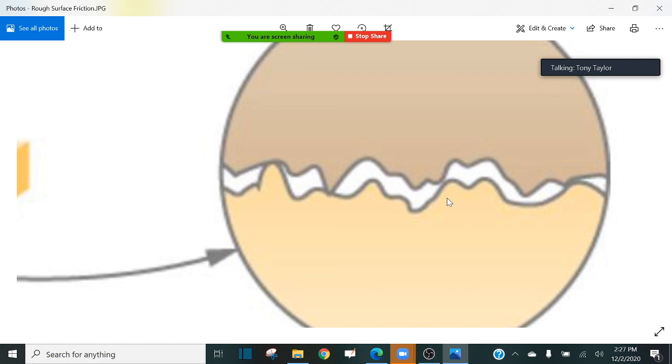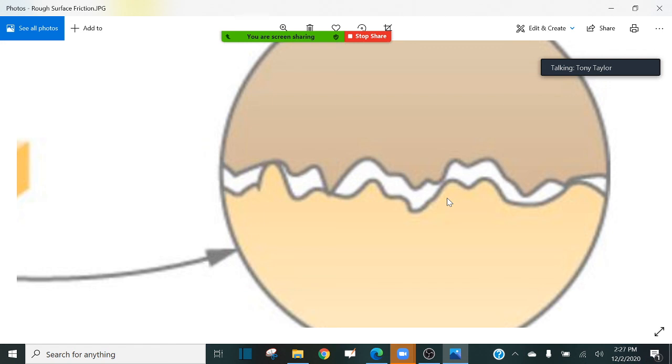NASA came close to building some nearly perfectly smooth spheres several years ago, but it's just not possible in the real world. Nothing is 100% smooth. So every surface always has some type of friction, even if it's just a little bit.